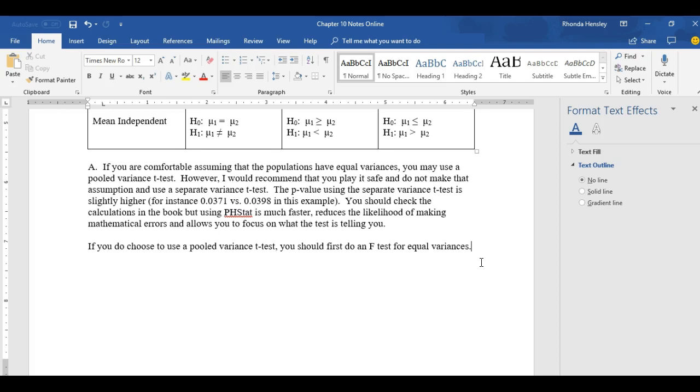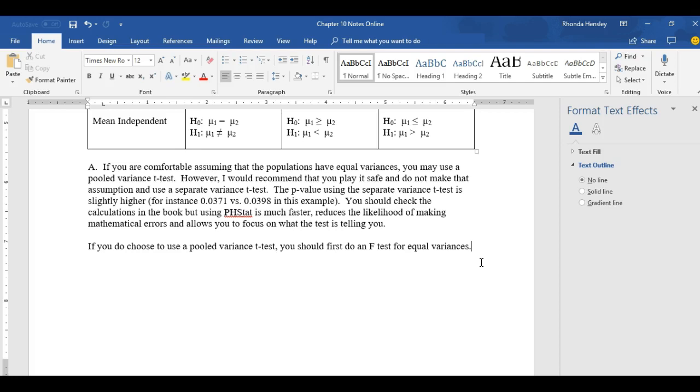If I didn't want to do this two-stage thing and explain that to someone, I would just play it safe and do something called a separate variance t-test. This test does not assume that the variances in the populations are equal, so it's a more conservative test. And the p-values that you get from these are slightly higher.